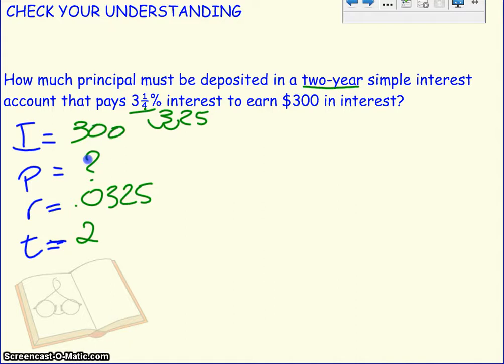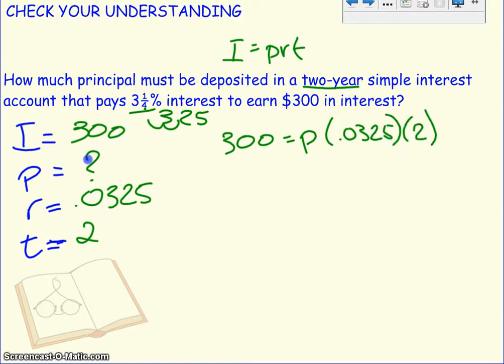So again, remembering my I equals PRT, plugging all the values in, interest is 300 equals P, which I don't know, times the rate, which is 0.0325, times the number of years, which is 2. When I multiply these two out, I get P times 0.065 equals 300.